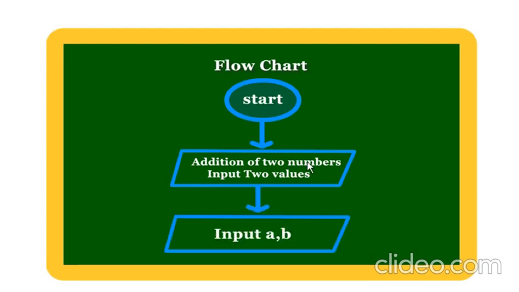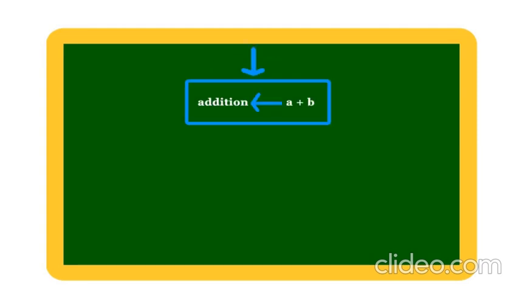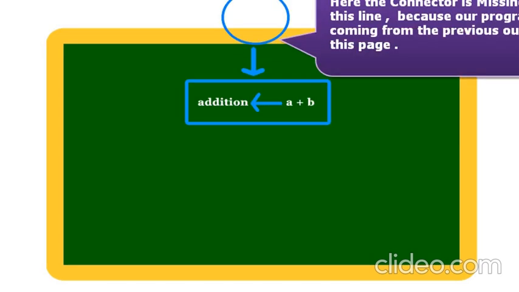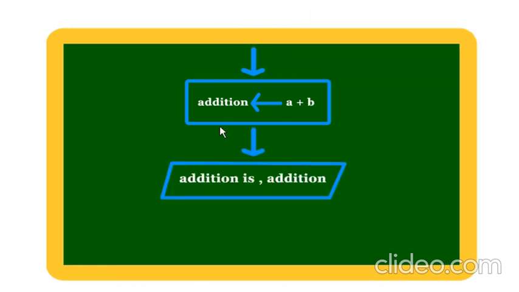In the next line the same symbol is used for input, just like input a, b, and in the next line the process symbol is used for addition, and in the next line it displays the addition as output, and finally it gets stopped.